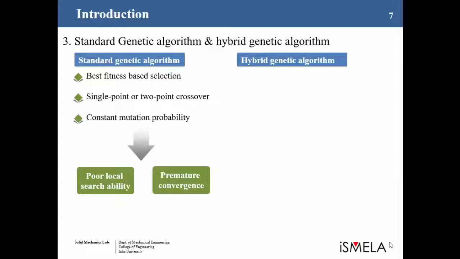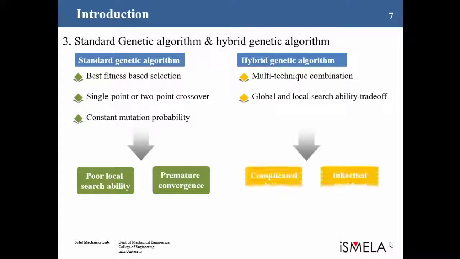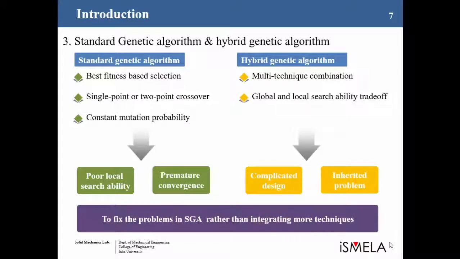To combine different techniques with genetic algorithm, we can integrate all the advantages into one and get better performance. But we need to trade off the global and local search ability. And for hybrid genetic algorithm, its design is complicated and it has some inherited problems.